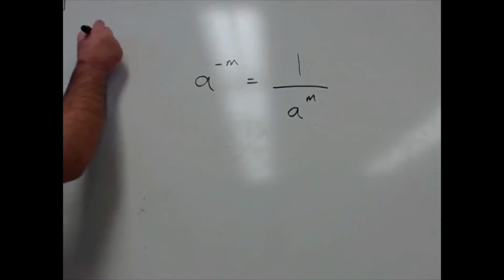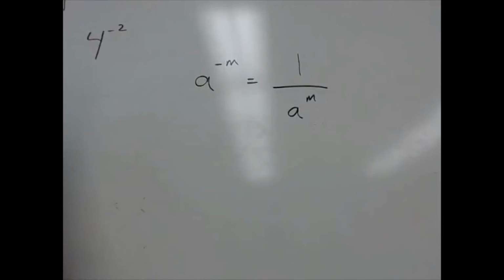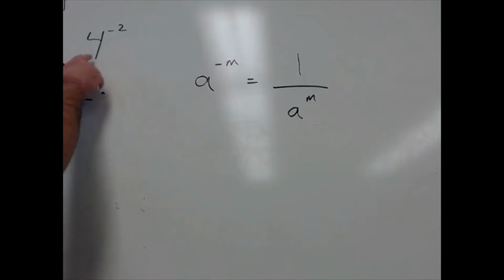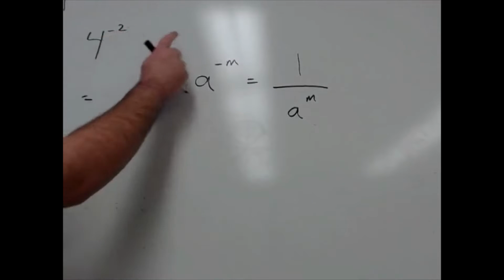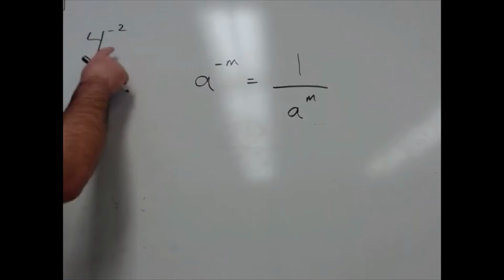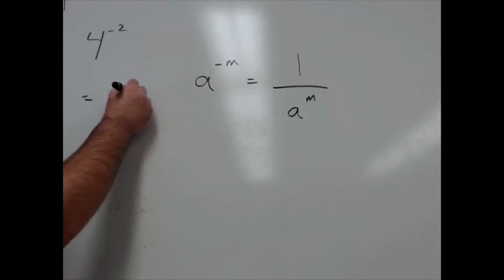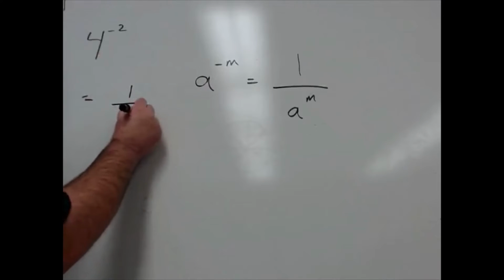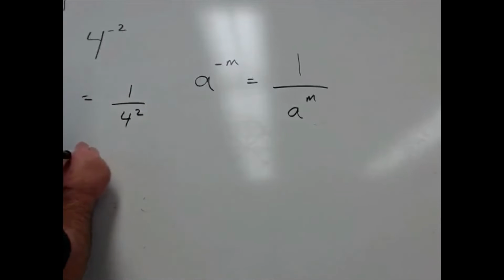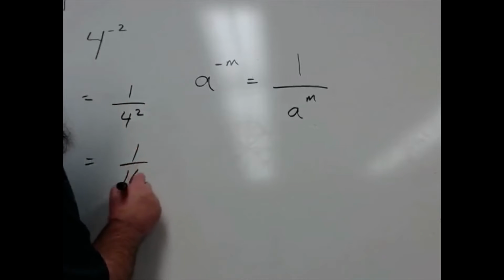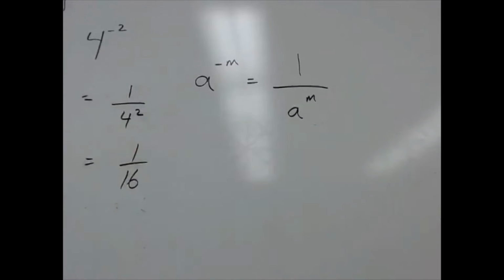If I've got 4 to the -2, then in this case the 4 is the a, and the 2 is the m. So this should quite simply become 1 over 4 squared. And then I can find that 4 squared is equal to 16. So this becomes 1/16.